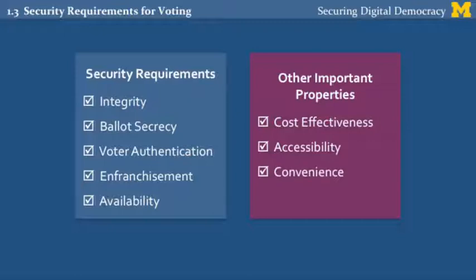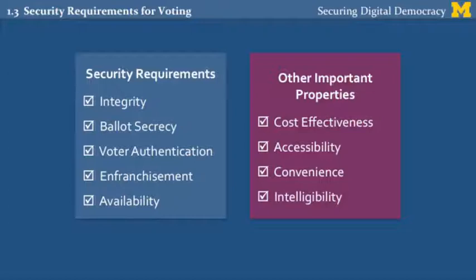Then there's convenience. If the system is just too much of a pain, many voters will stay home in places that don't have compulsory voting. Since we want to increase voter turnout in many societies, making sure that the system is convenient is very important.